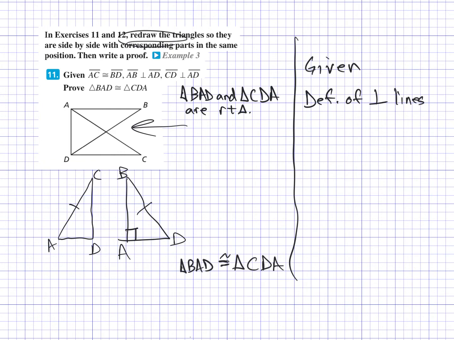So that makes them 90 degrees, so those are both right triangles, after our givens there. And that's all we have so far.